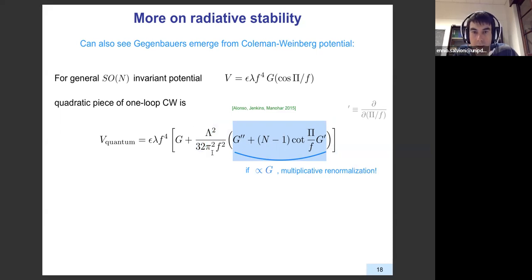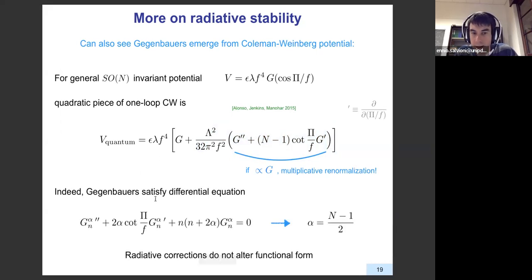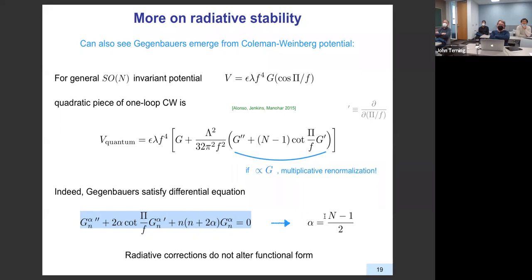It would not be a different function, it would just renormalize the coefficient of the whole G. And in fact, it turns out that the Gegenbauers do satisfy precisely this equation. So this is another way to define a Gegenbauer polynomial, through this differential equation. You see that the first two terms appear really here. And this tells us that this alpha parameter, which is the general index of these polynomials, has to be identified with n-1/2.